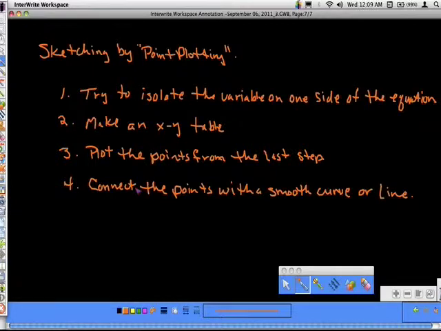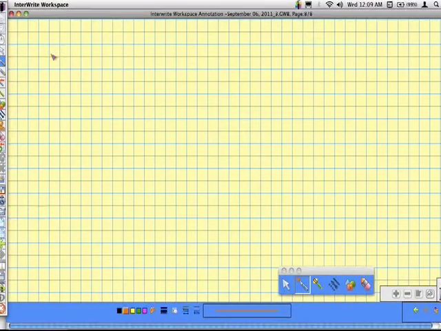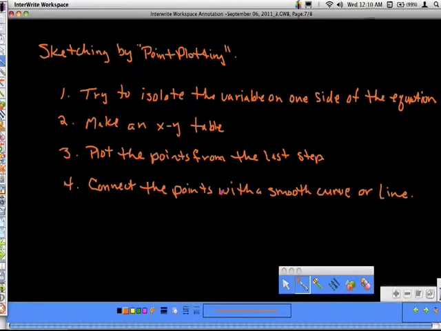So let's go back to one that was similar to the one that we just looked at. It won't be exact, but it'll be pretty close, where we're given this equation: y equals 7 minus 3x. Well, if you remember from that last page, first thing we wanted to do was try and isolate the variable on one side.